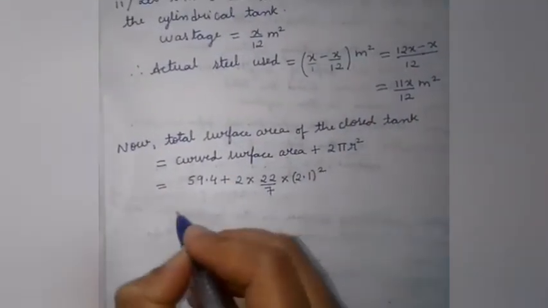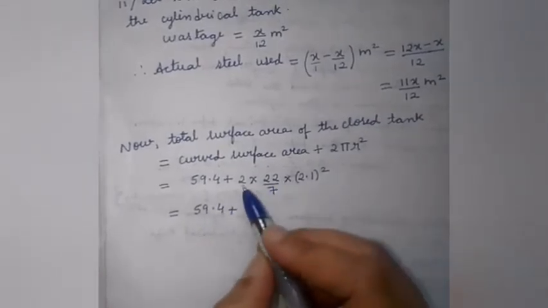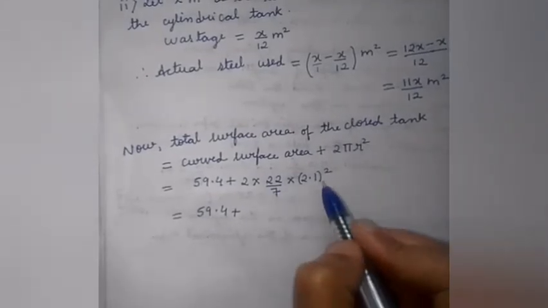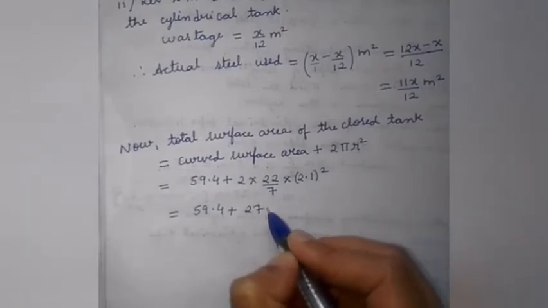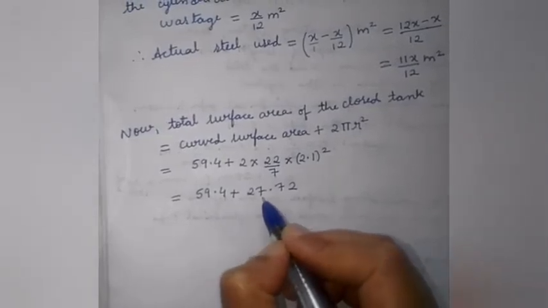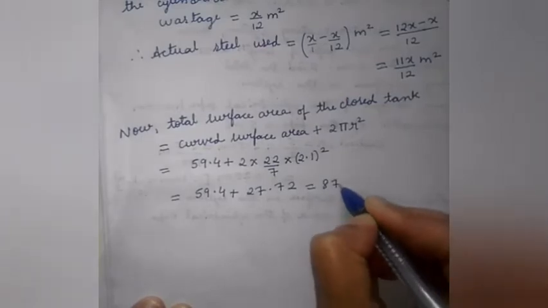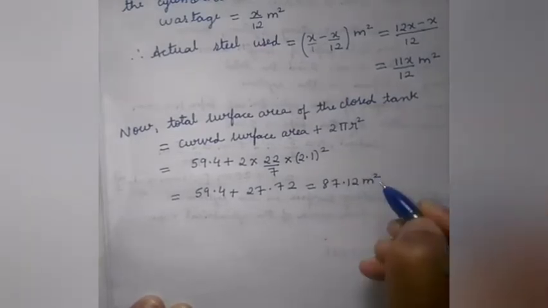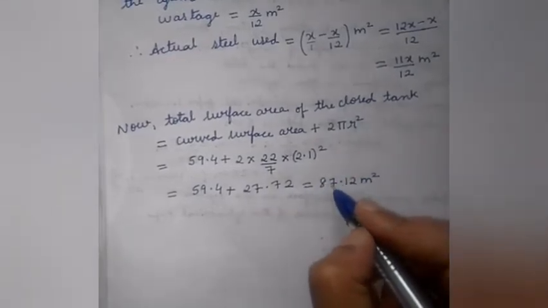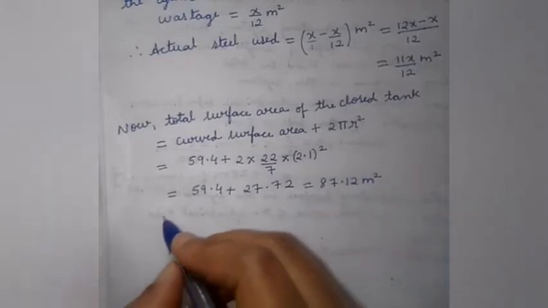That is 59.4 plus 2 into 22 into 2.1 into 2.1 divided by 7, which is equal to 27.72. Now if we add 59.4 plus 27.72, it is equal to 87.12 meter square. So the total surface area of the closed tank is 87.12 meter square. That is the actual steel used.